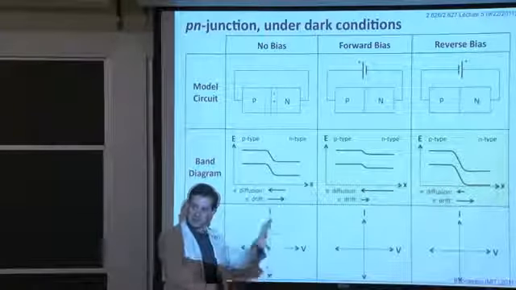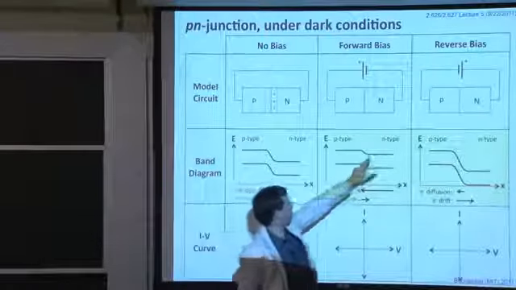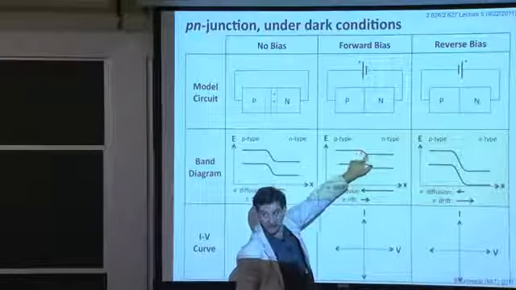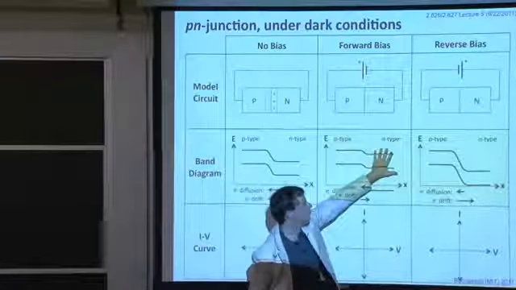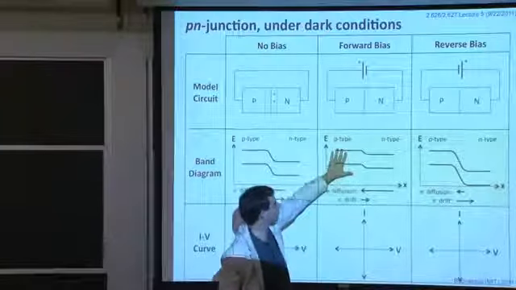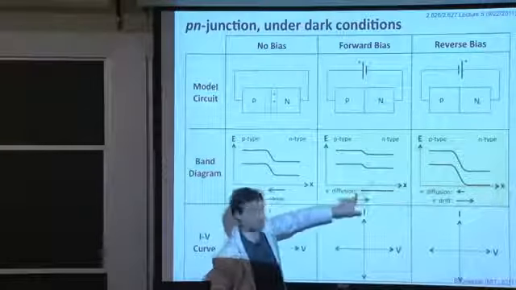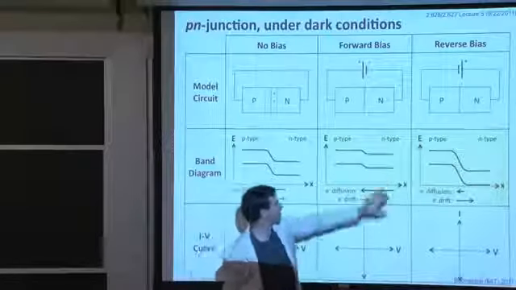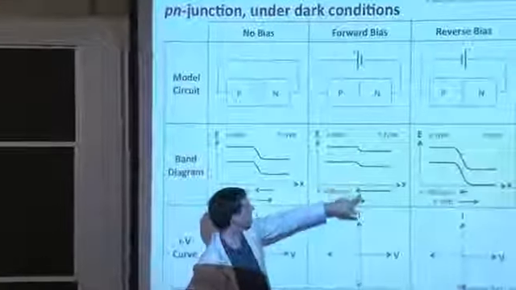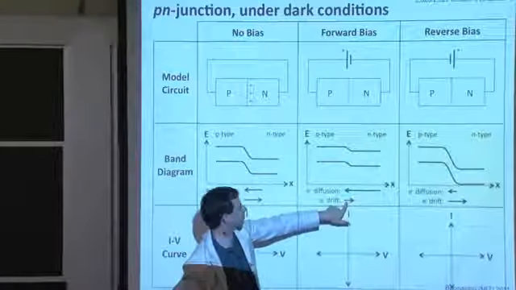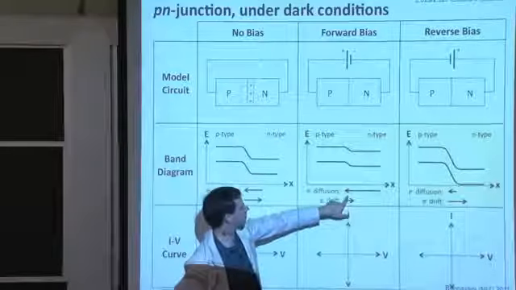We have the bands shifting in this direction. Now the energy barrier for the electrons to overcome, to go from the region of high concentration to the region of low concentration, is smaller. And you'll get a larger diffusion current as a result. More electrons will be moving over from that n-type silicon into the p-type silicon, and the drift current will be smaller. Notice here the balance of the two.